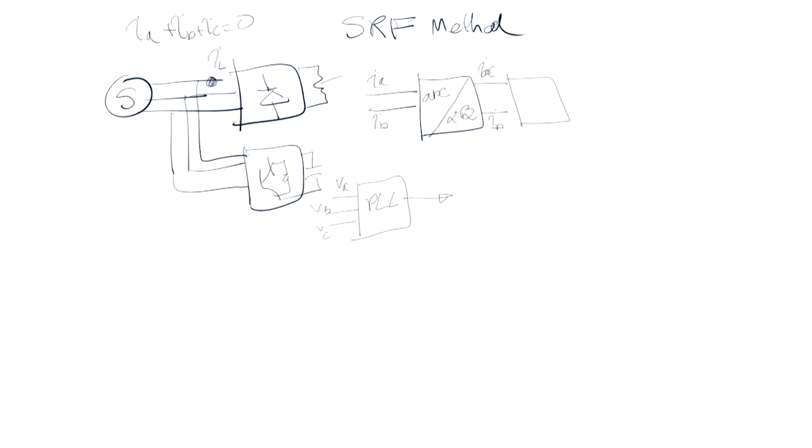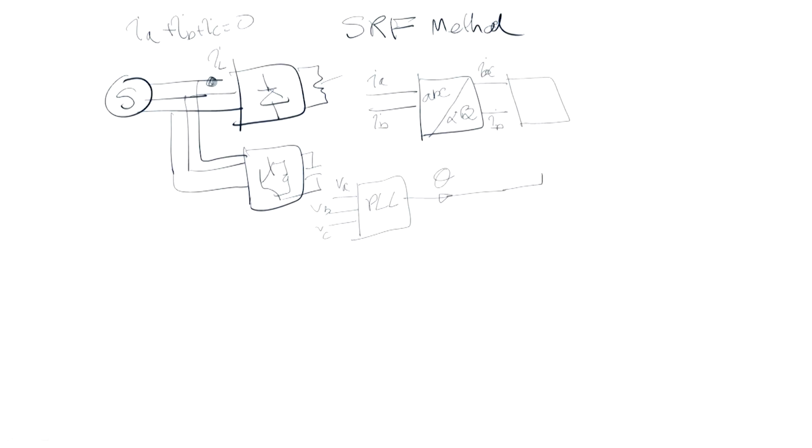PLL block is essentially the phase lock loop block, and that will generate theta. I have taken a separate class on PLL, so you are requested to refer to it. So, theta will be there, and essentially your alpha beta component will come into the DQ component.